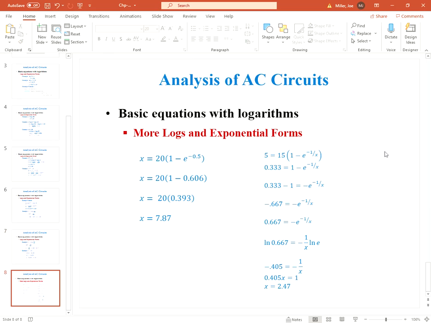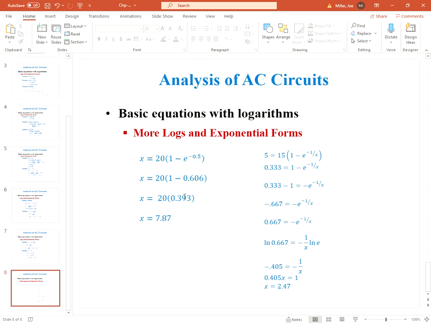Let's take a look at another one. x equals 20 times 1 minus e to the minus 0.5. So we got 20 times 1 minus, and you plug this into your calculator, and it resolves out to be, to 3 decimal places, 0.606.